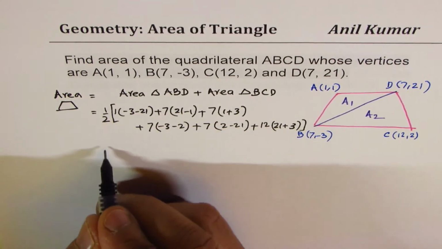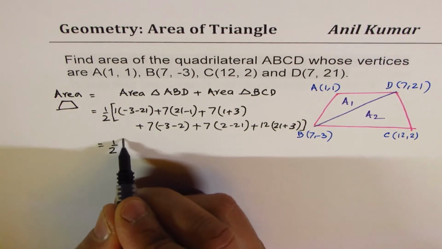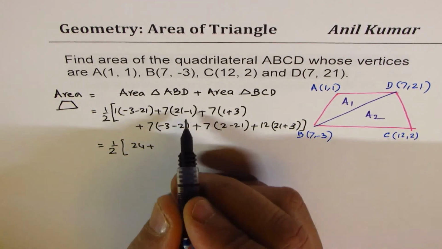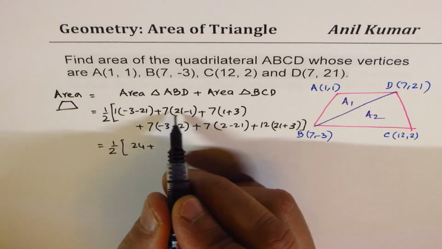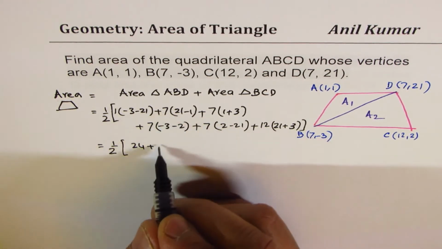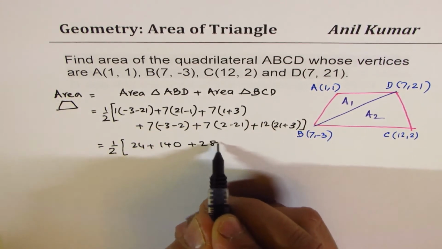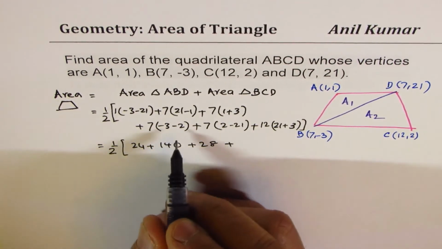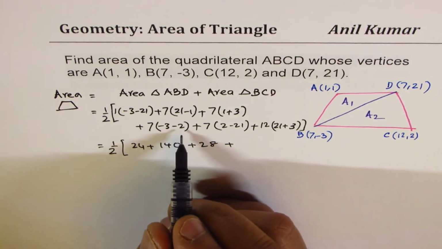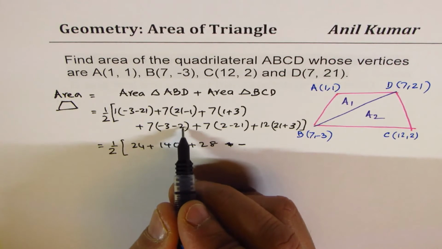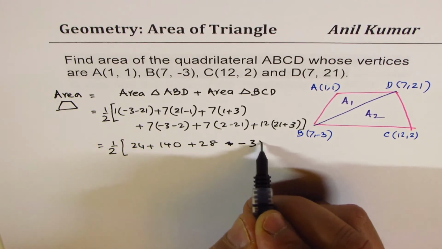That's it. So now it is half of, this is 24, plus 21 minus this is 20, so 2 times 7, 140, 4 times 28, that gives us minus, so this is minus 5 times 7, 35.